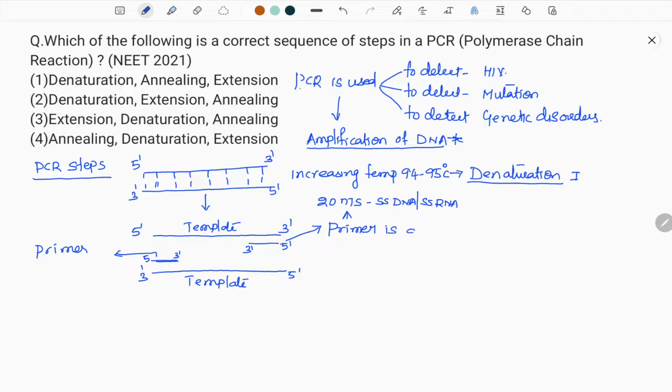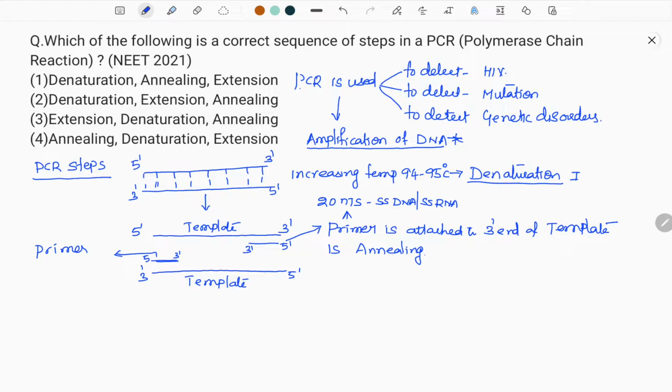So I write here, primer attached to the 3' end of the template is known as annealing. Right.